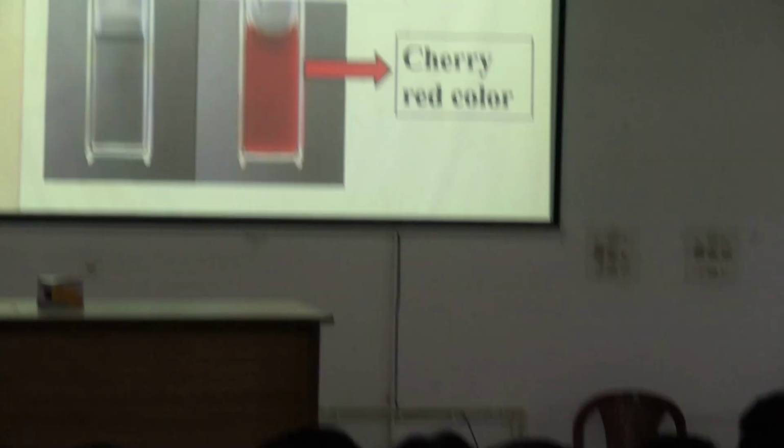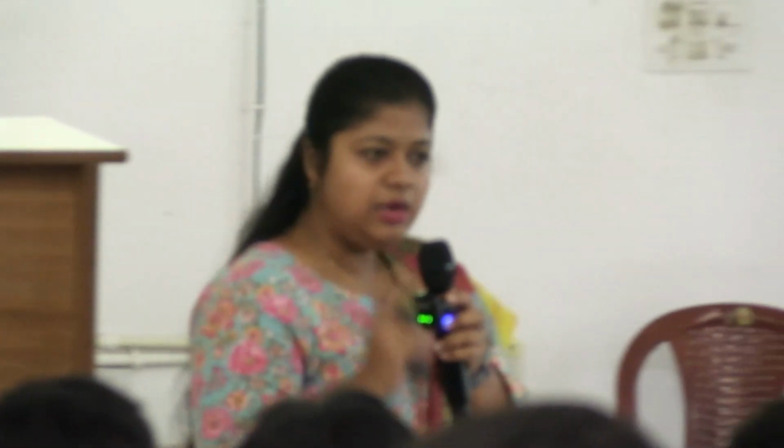Right? So till now all the tests: Molisch to identify whether it is carbohydrate or not, then Barfoed to differentiate between monosaccharide and disaccharide, then Benedict's and Fehling's to differentiate between reducing or non-reducing. Next step will be osazone formation reaction.